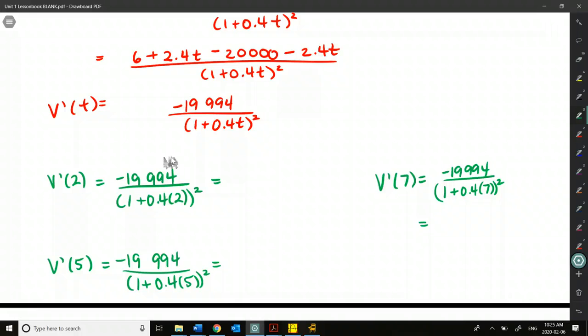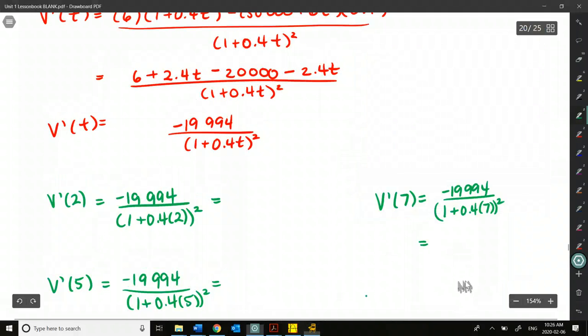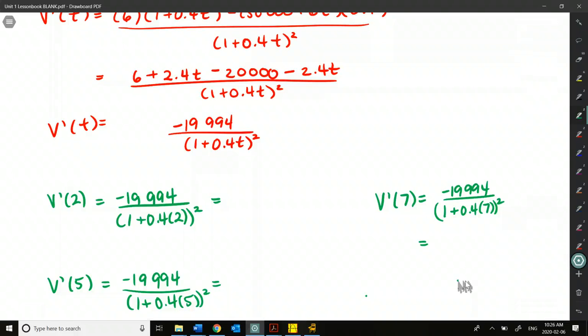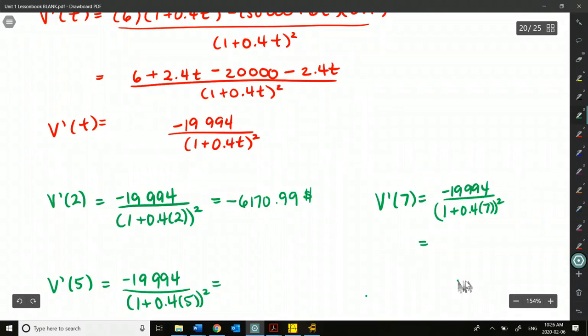Okay, so I'll give you guys a couple seconds to calculate those. Okay, anyone have V prime at 2? Grayston? So units here would be dollars per year.